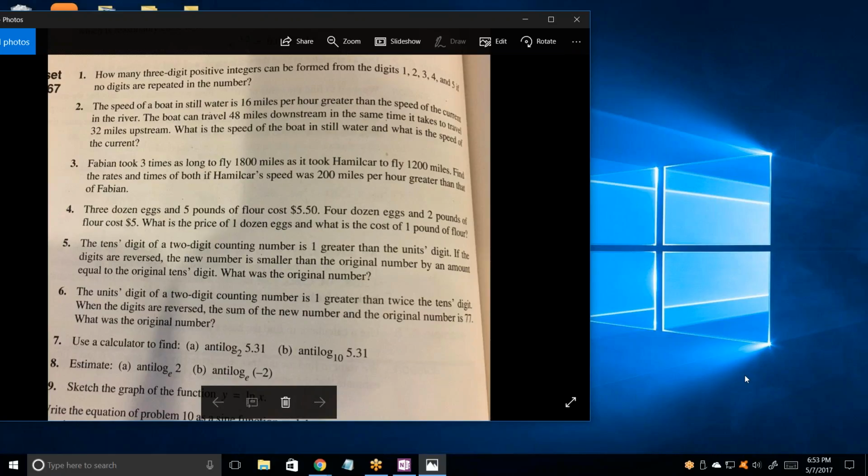All right, we've made a mistake here, and I'm not sure where it is. In other words, it can be in any step of the process. The speed of the boat is 16 miles per hour greater than the speed of the current.